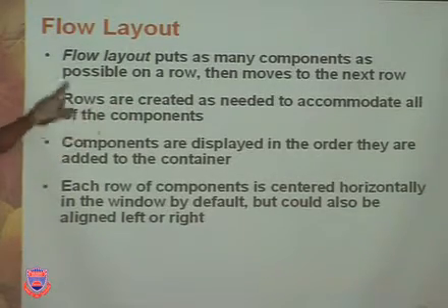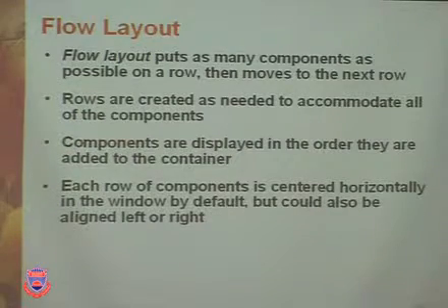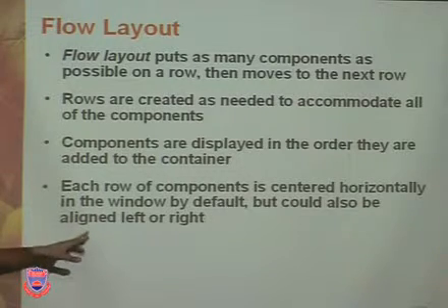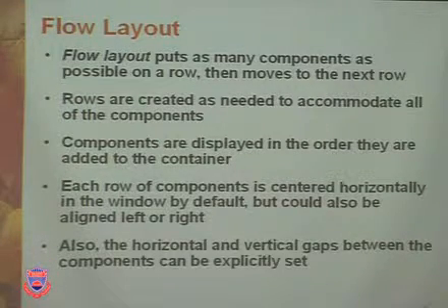This is basically the structure of the flow layout. Rows are created as needed to accommodate all of the components, and they are displayed in the order they are added. So as you add them, they are displayed based on that order. Each row of components is centered horizontally in the window by default, but could also be aligned left or right. So they are aligned in the horizontal fashion in the center. However, you can set it to left or right based on the needs.